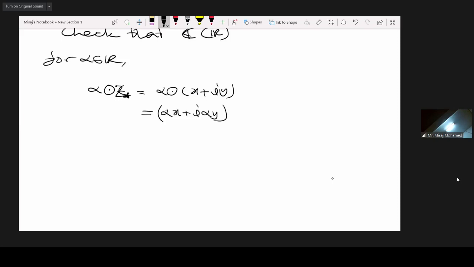So if this is a vector space, we call this a real vector space.